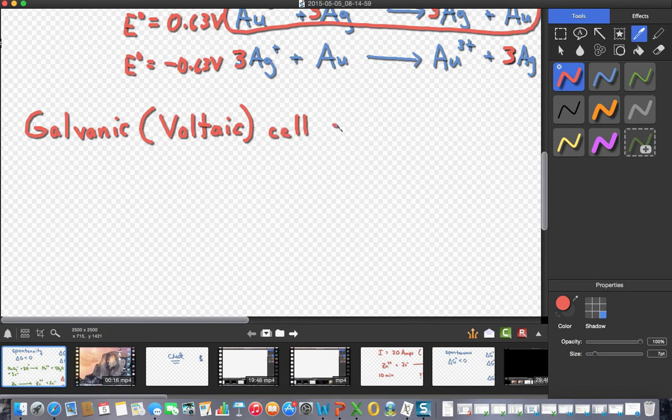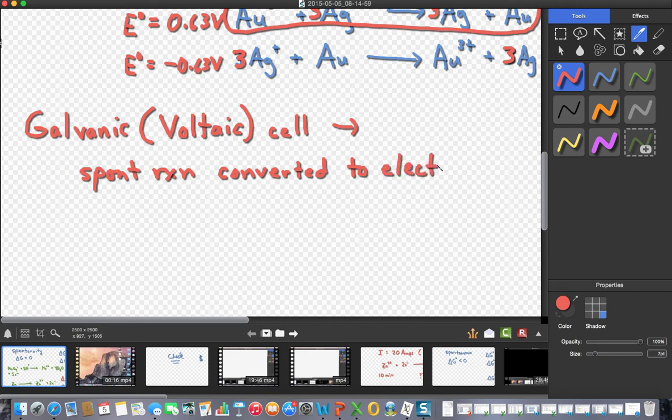In a galvanic cell, we will have a spontaneous reaction and we're going to convert the free energy in that spontaneous reaction to electricity.